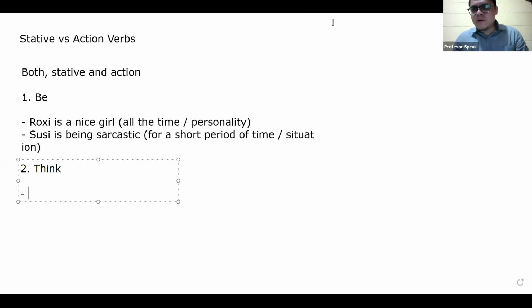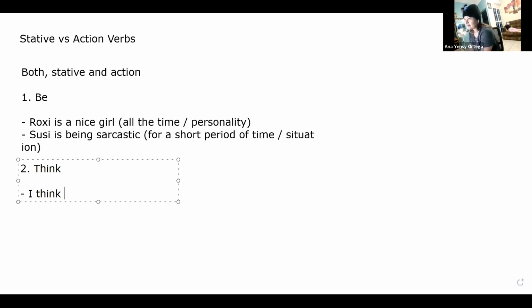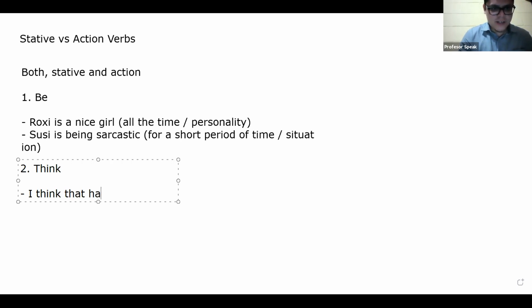What do you think about a Halloween celebration? I think that it isn't good. Okay, all right. So I think that a Halloween celebration isn't good.